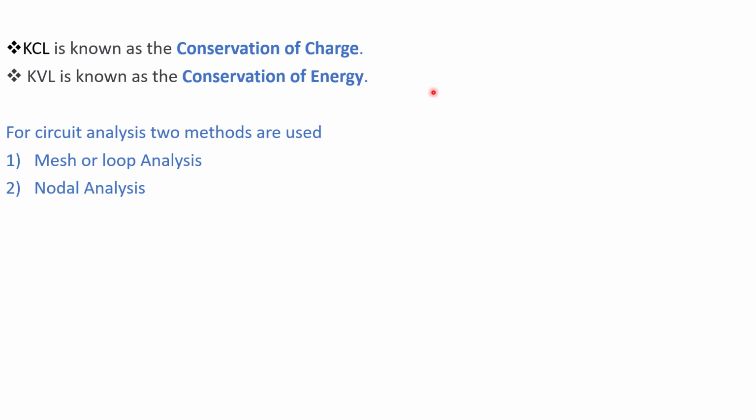To transfer a Q coulomb charge, we have to do work W. So if we apply KVL, then for Q coulomb charge to move in a closed path, the net work done is equal to 0. That is known as conservation of energy.